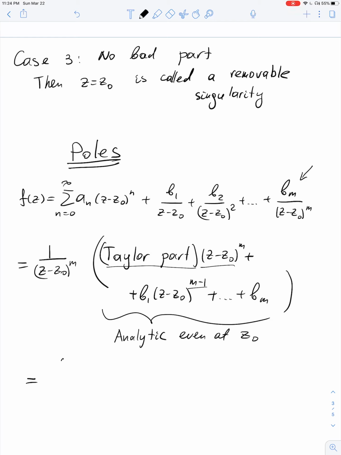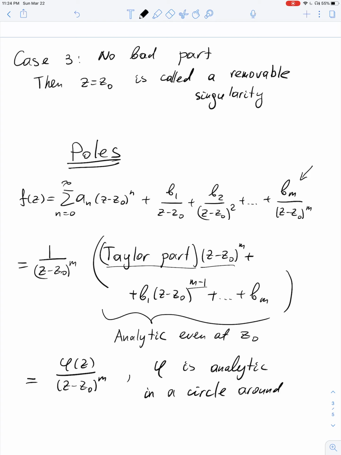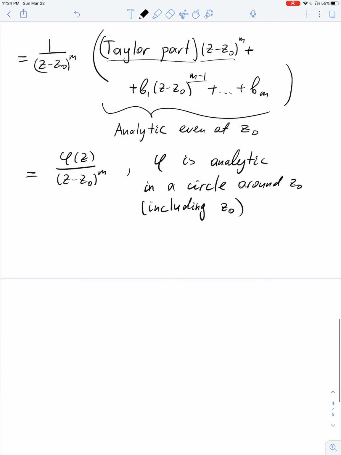So we get that our f is actually equal to phi of z divided by z minus z0 to the power m, and phi is analytic inside a circle around z0, including z0. So f has this really nice form: something analytic divided by an integer power of z minus z0.